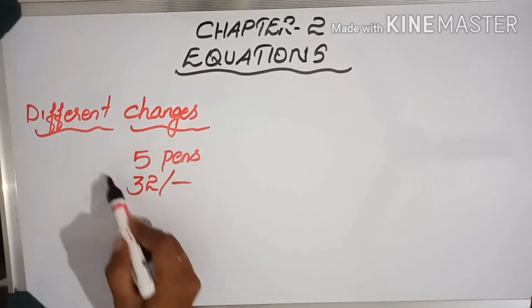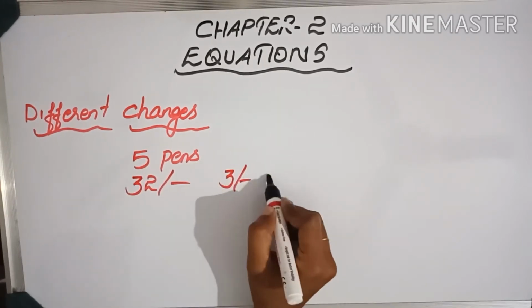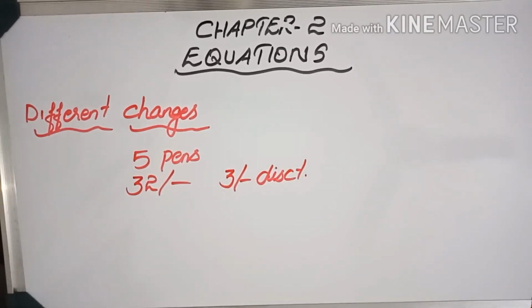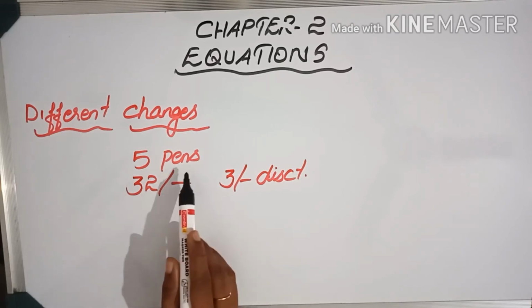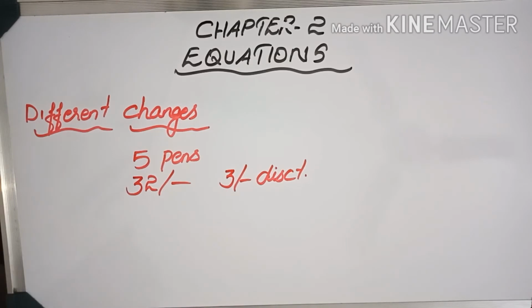And when they bought these 5 pens together, they got 3 rupees discount. Now, if they bought these pens separately, how much would they have to pay for each pen? That is the question. Okay, 5 pens together, total cost was 32 rupees, 3 rupees discount.